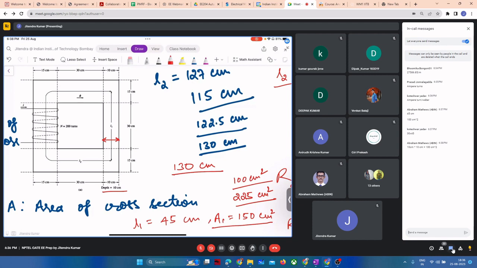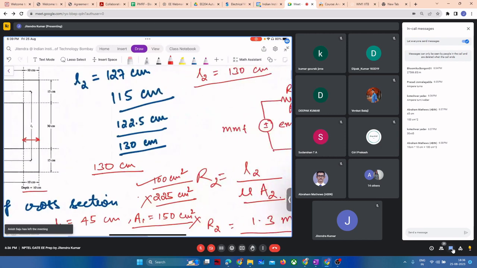The one who computed 225 must have considered 15 into 15, and I am not able to see 15 into 15 anywhere. The other must have done 15 into 10, which is also not correct.